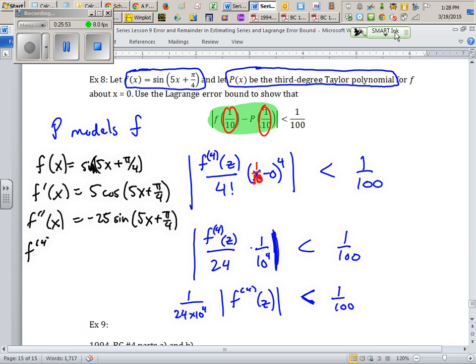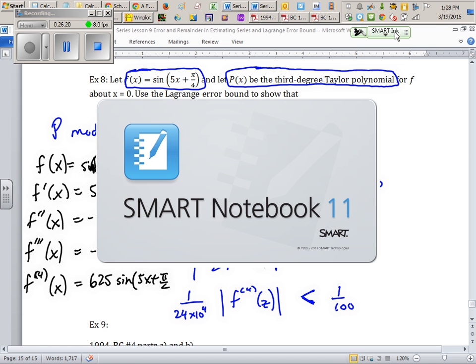And the third derivative would be back to cosine, only negative this time: negative 125 cosine 5x plus pi over 4. And then the fourth derivative is positive again, and it's 625 sine 5x plus pi over 4.